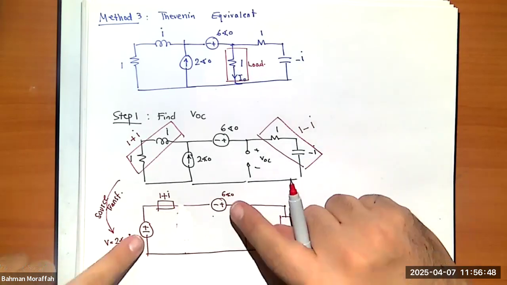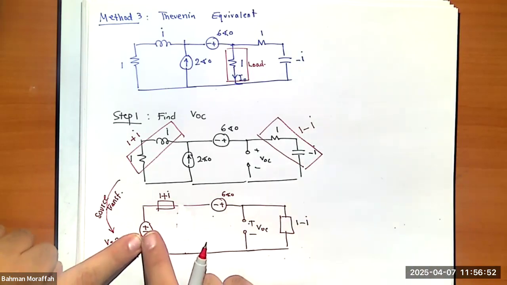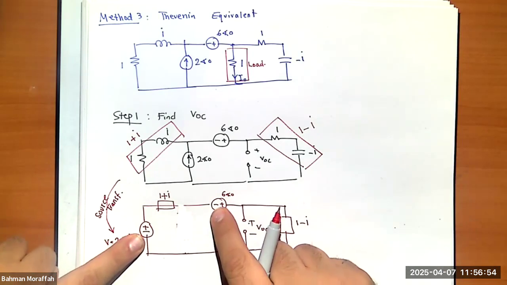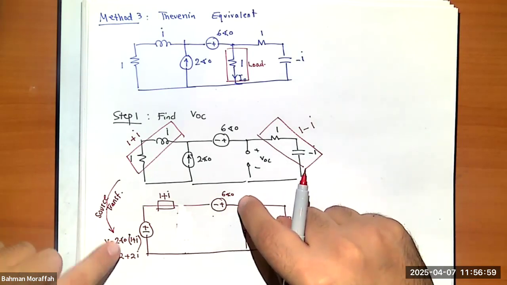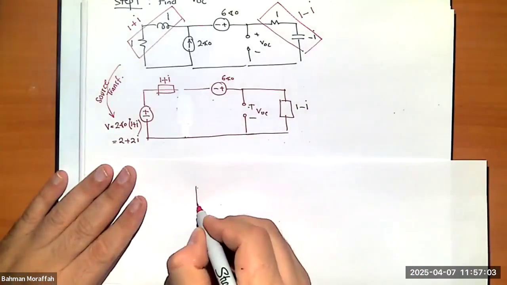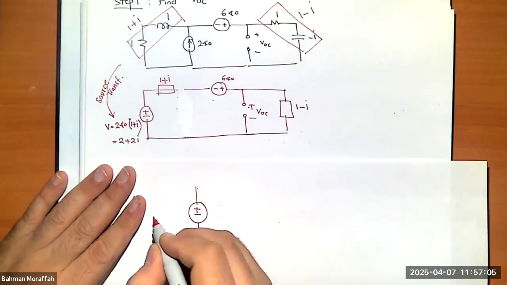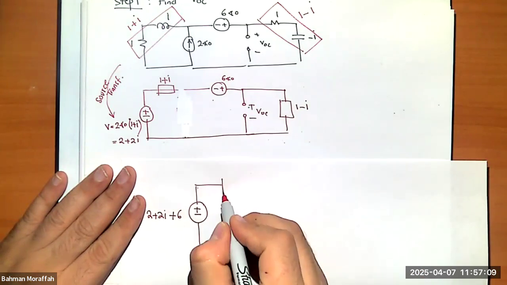Do you agree I have two voltage sources? The polarity for this one is negative positive. The polarity for this one is also negative positive. Do you agree I can combine them? I can combine them into one, right? So I have this 2 plus 2I plus 6, which is this.